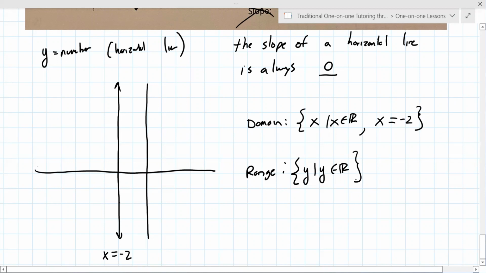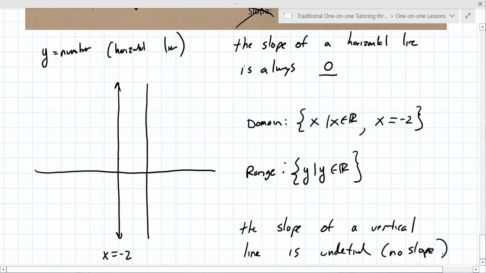If you look at these later, you can watch this again if you want. These two problems are basically flips of each other. Now the slope of a vertical line is undefined, or you can say no slope.